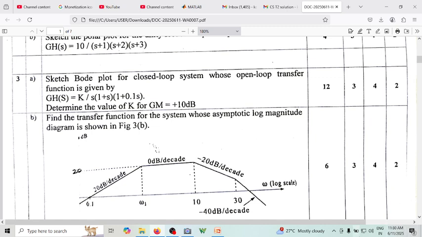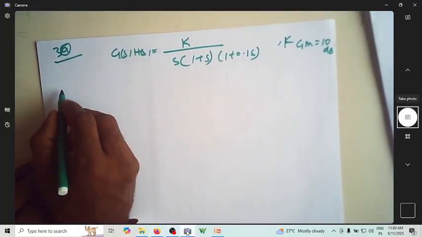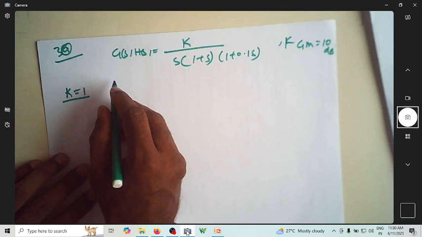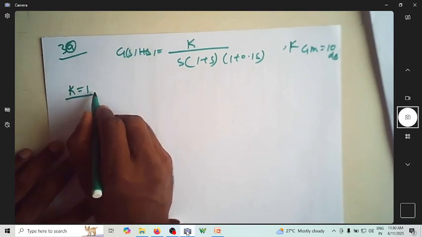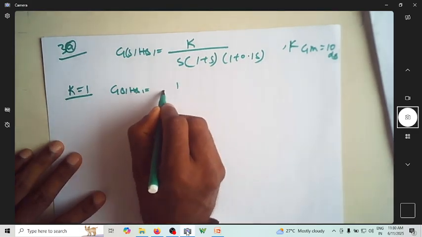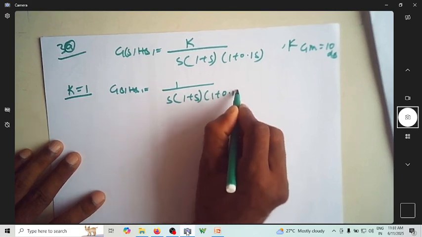Let us take K equal to 1 and proceed with plotting the graph. If K is equal to 1, then G(s)H(s) becomes 1 by s into (1 plus s) into (1 plus 0.1 s).